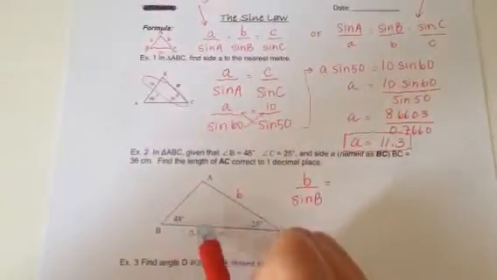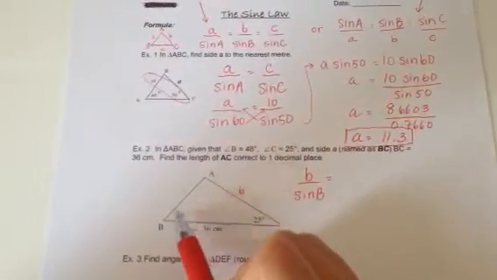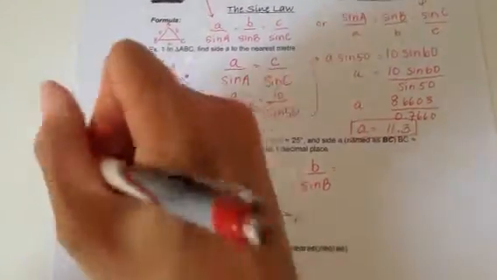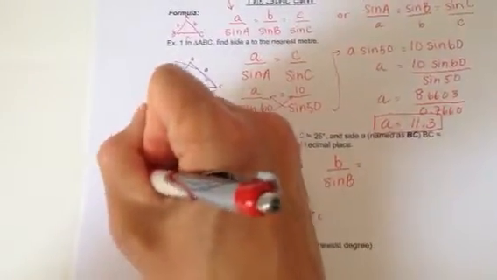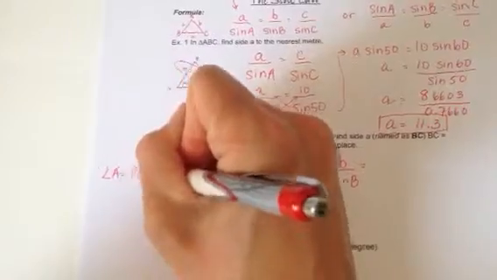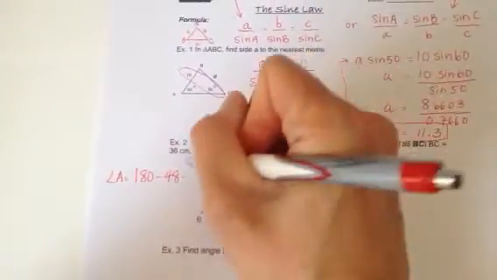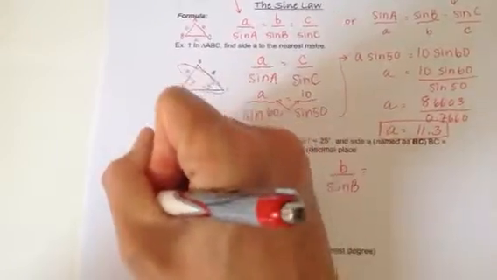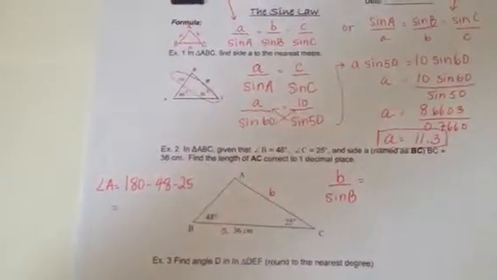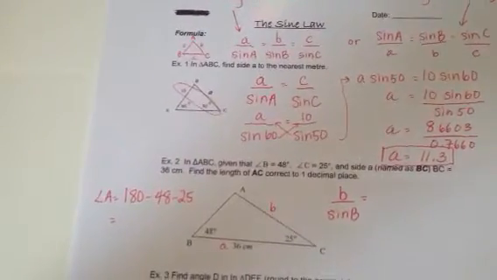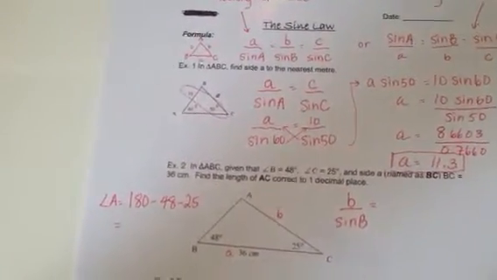We can find it because we know that when you add up all three angles in a triangle, it should equal 180 degrees. So angle A is 180 minus the other two, so 180 minus 48 minus 25 is 107.